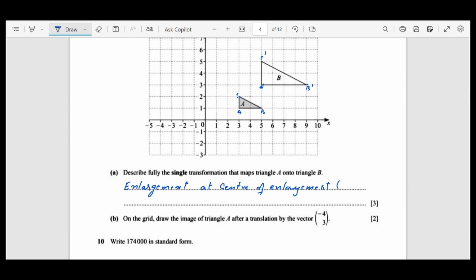Let's join C dash with C, and A with A dash, right, and B with B dash.